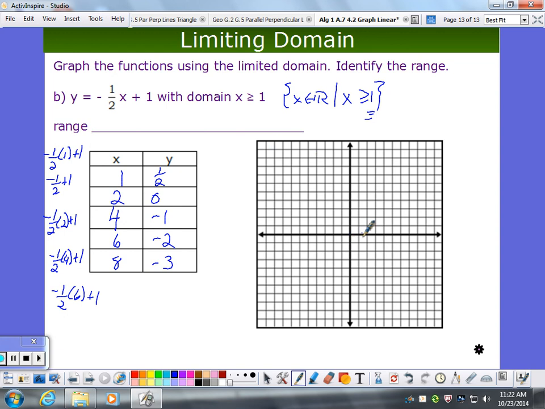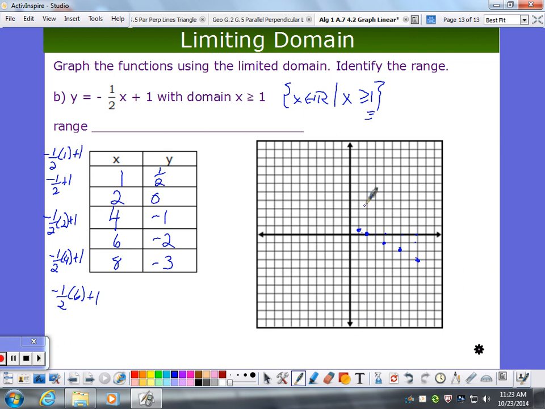So I go to 1, and I have to estimate where half is. Let's start here. 2 is 0. Then I go over to 4 for negative 1. Then over to 6 for negative 2. Then over to 8 for negative 3. Now when I draw my line, am I going to make a big giant line here with 2 arrows?